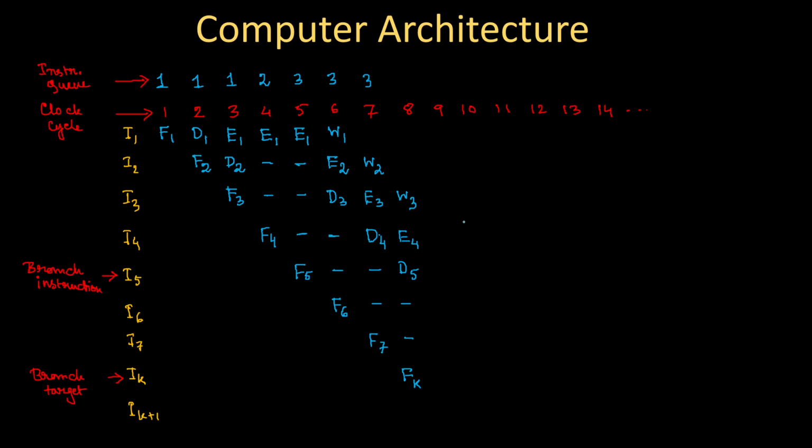Fine. So the total number of prefetched instructions remains 3. Now see, after completion of this decoding in the 8th clock cycle, the processor will realize that this I5 is the branch instruction, right?